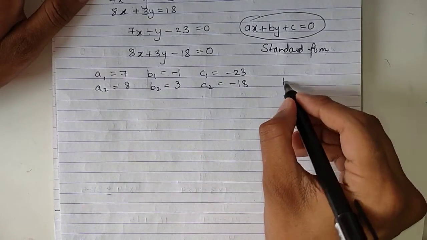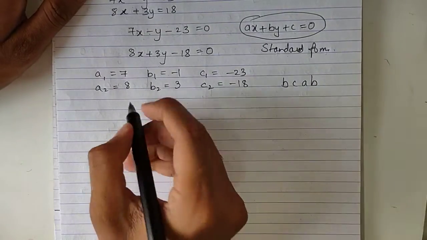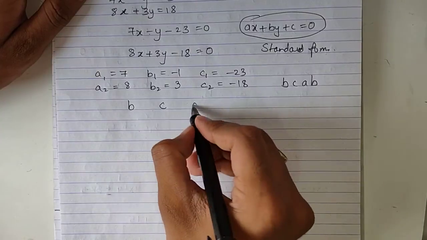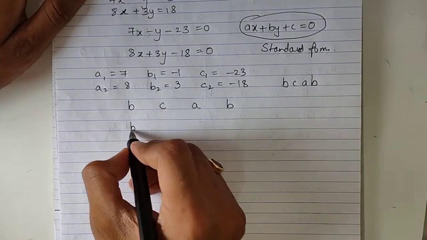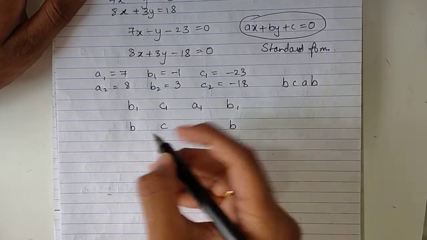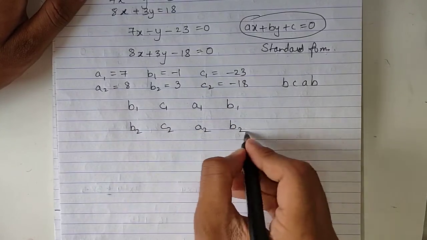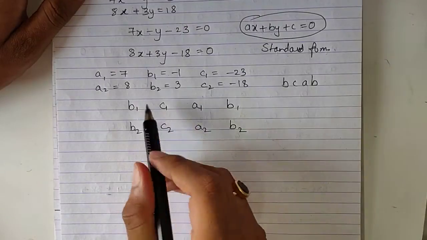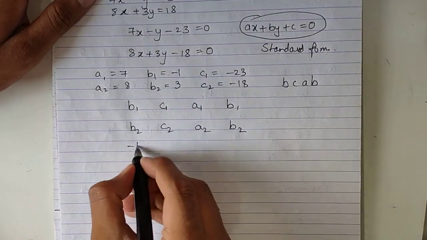Now I have told you how to write it: B C A B. So write here B C A B 2 times. The first one will have number 1, the second one will have 2. Substitute the values.